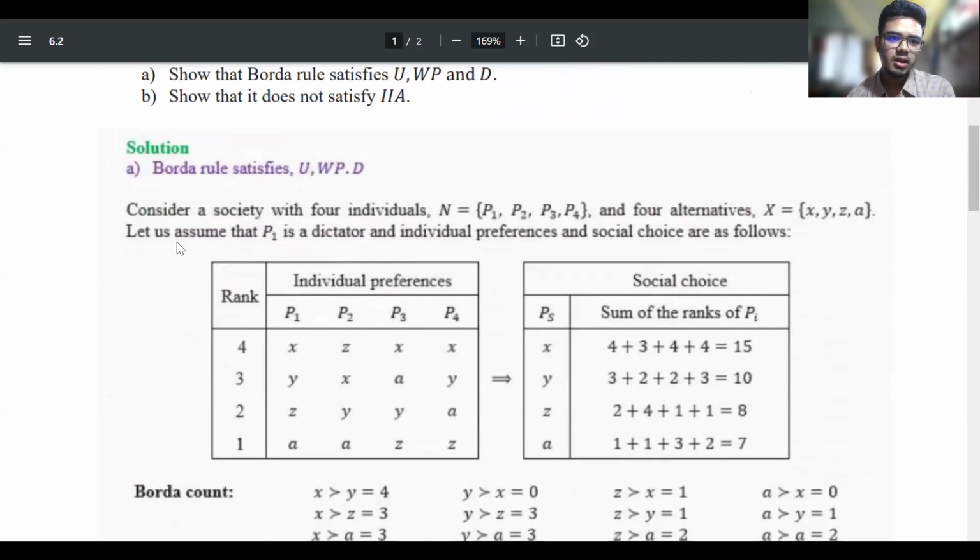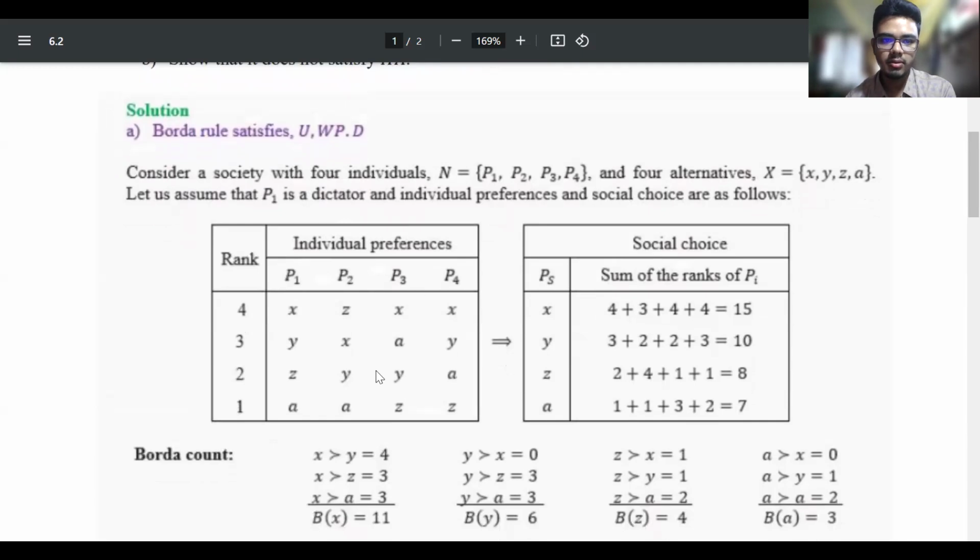So first of all, let's consider a society with 4 individuals, P1, P2, P3, and P4, and 4 alternatives X, Y, Z, and A. Let's assume that P1 is a dictator, and the individual preferences and social choice are as follows.